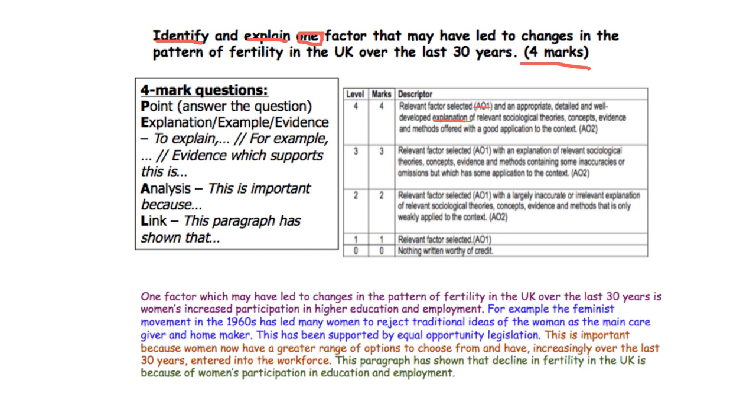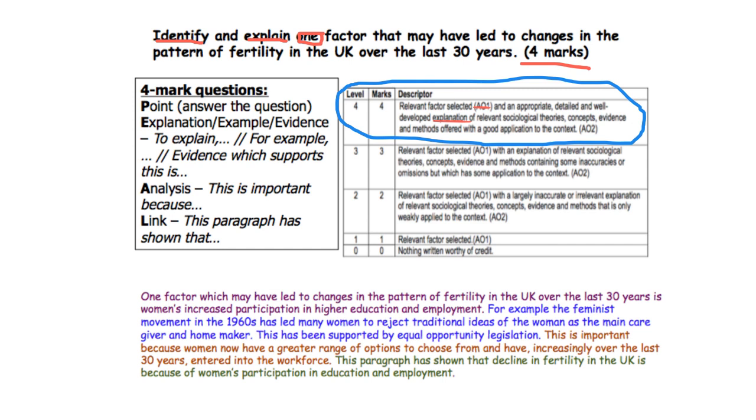Okay, and again, I'm only going to look at the top mark band with you as a class, because again, you are a very high ability class, and I think lots of you will be looking for these full 4 marks for these questions here. And I think all of you are very capable of getting this. So I'm only really going to talk to the top mark bands for you here.